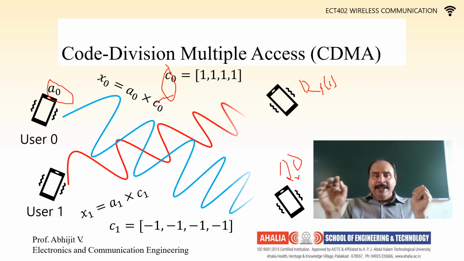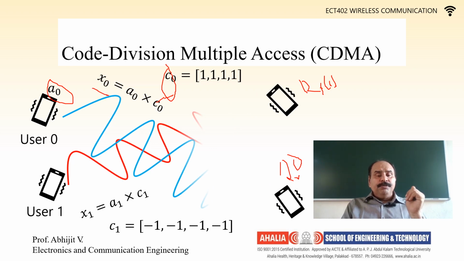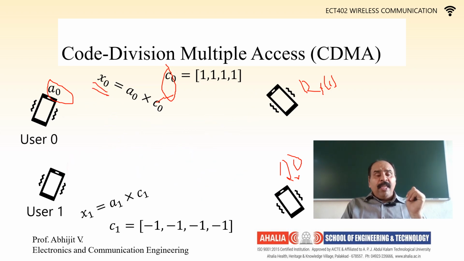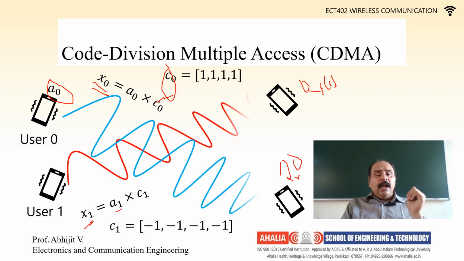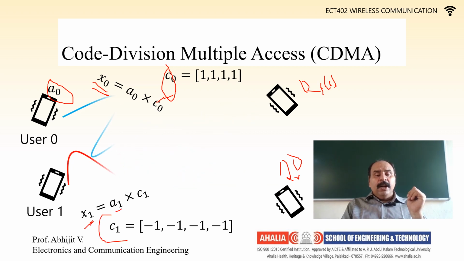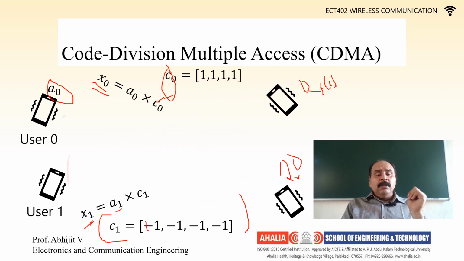C naught is the code and you are transmitting x naught. Similarly, for x1, the signal is A1 and you are generating another code word, which is plus 1, 1, minus 1, minus 1.